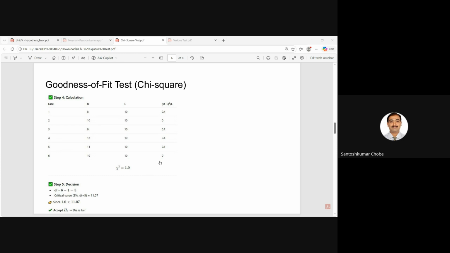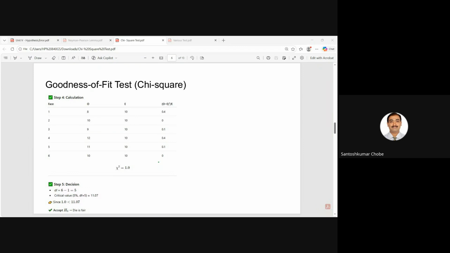Are you getting this? Whenever you get a numerical in the exam, you are supposed to use the significance level. Of course, when I do my own experimentation, I will be assuming the significance level. But when we solve the numericals in the exam, we get the significance level by default. They say, okay, take the significance level as 5%, or sometimes take the significance level as 1%, that means 0.01.